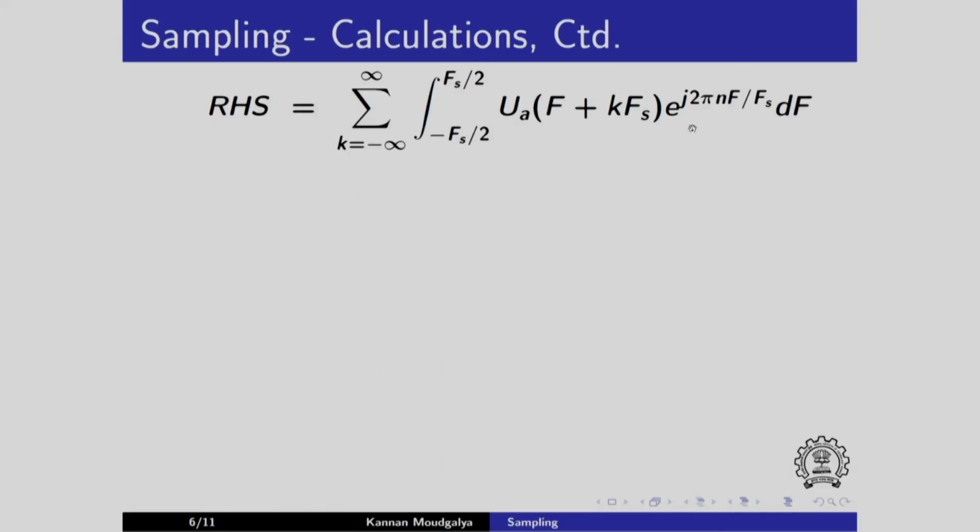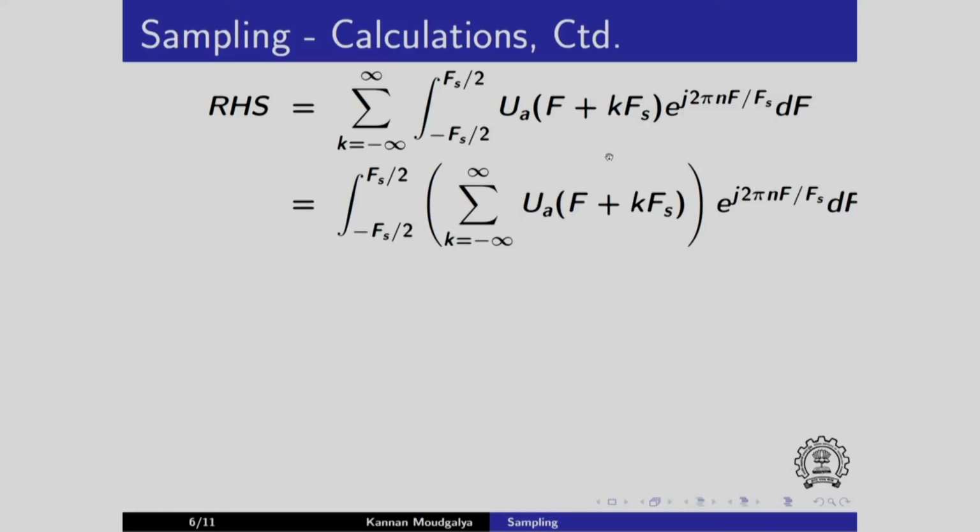So it requires further simplifications. What I will do next is to exchange the integral and summation sign to get this expression. Of course, you have to make sure that it is possible to exchange these two, so we make that assumption.